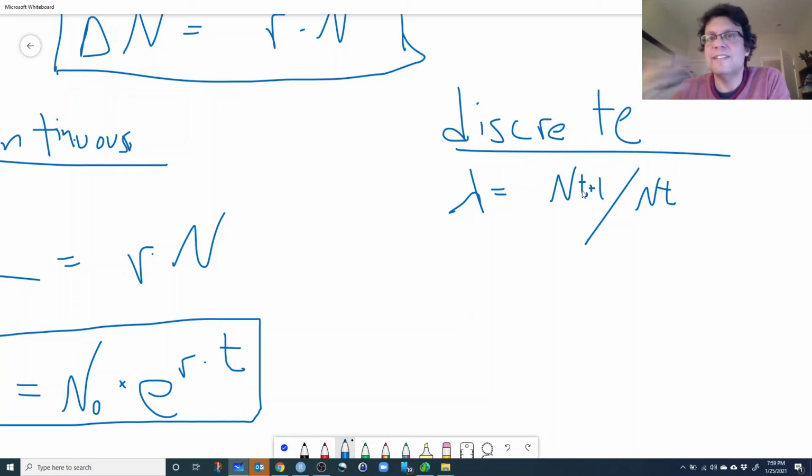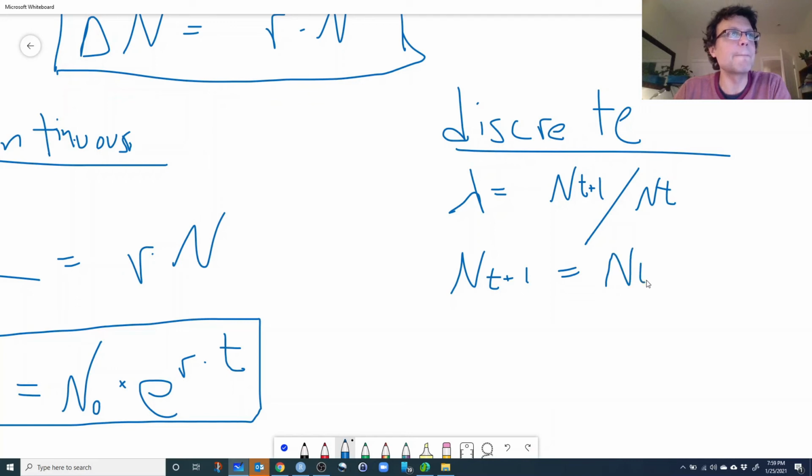It says take the population at any given time, multiply it by lambda, and you get the population at the next time step. All right? So another way to represent this is, say, population at time t plus 1 is equal to the population at time t times lambda, right?